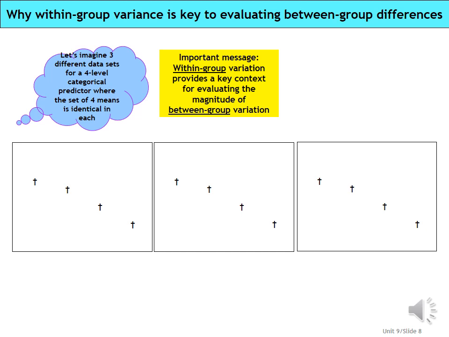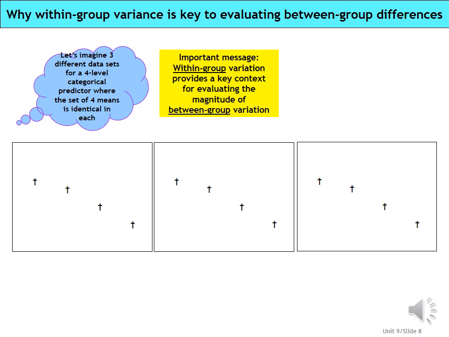So we have 3 different variables in here. These 3 different variables have the same means, so the between group variations are exactly the same. These are 3 different data sets with a 4-level categorical predictor, where the 4 means are identical in each.